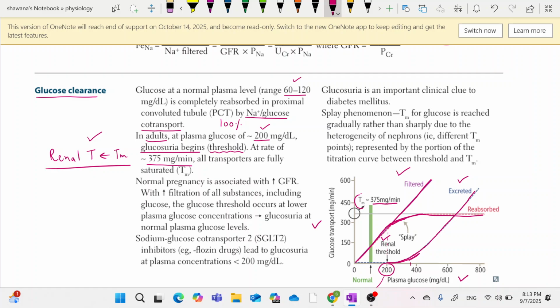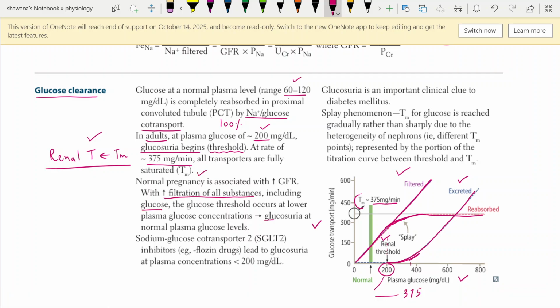In pregnancy, although it's physiological, pregnant women can have glucosuria at normal glucose levels, not at 200, but at the borderline between 200 and the normal glucose. So glucosuria starts. Okay, it means that due to increased filtration of other substances as well, glucosuria can happen early in pregnant women.